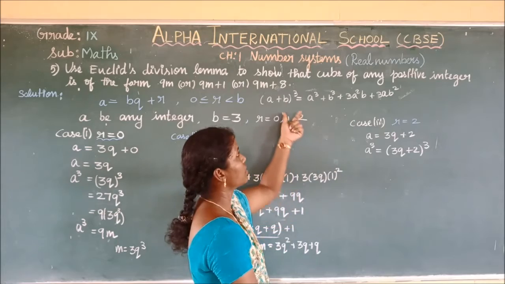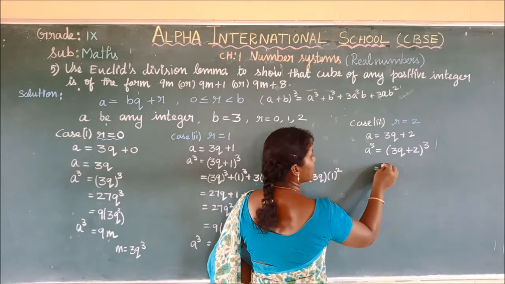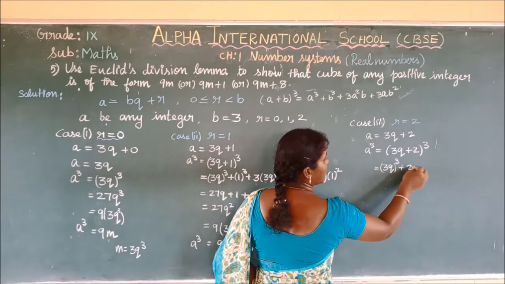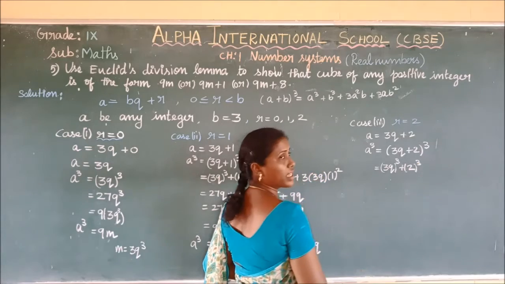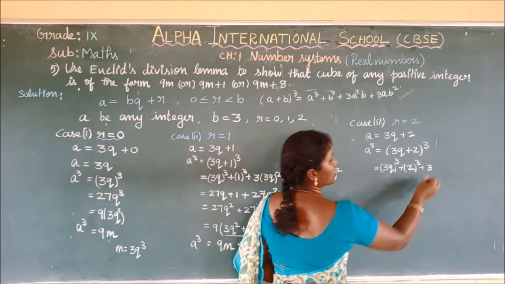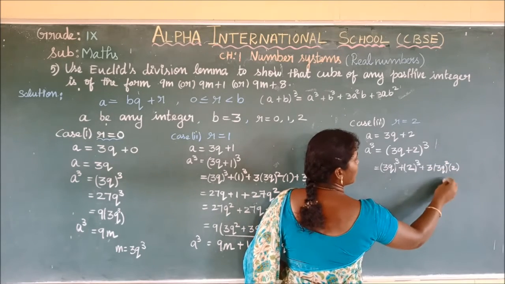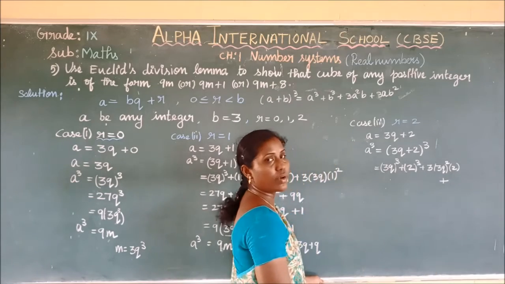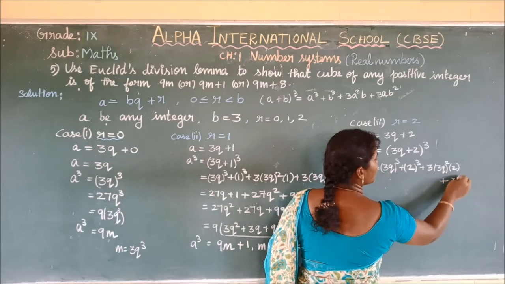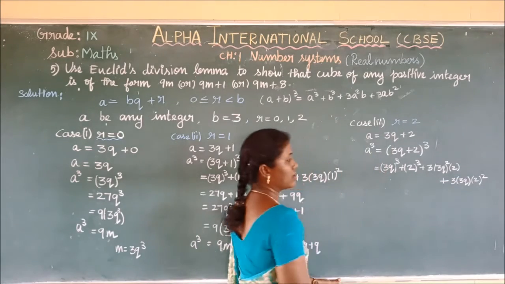Again, we have to use this algebraic identity, and then only we can expand this. So how to expand this? a cube plus b cube plus 3a square b, where a square is (3q) square, plus 3ab square. So 3 into a into b square you have to write.